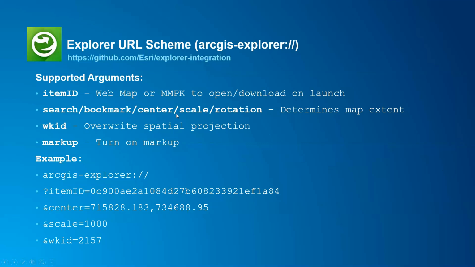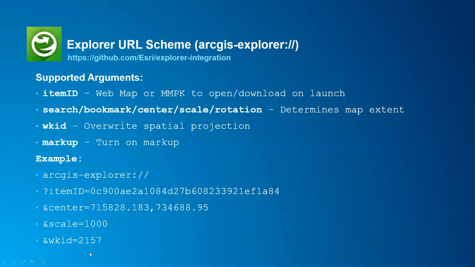But as you see here, as per the question there, you can provide a WKID, so you could push a specific WKID in there as well, such as ITM or Irish Grid. And you have an option there to turn on markup if you want. Markup allows you to basically write on top of the map.